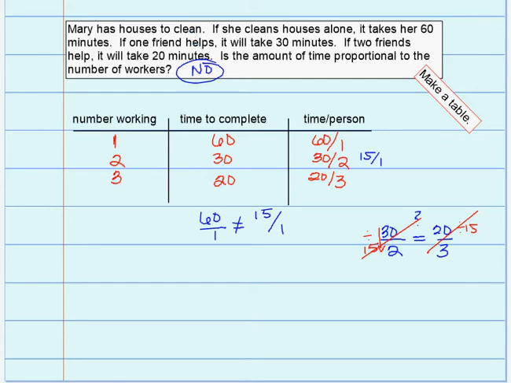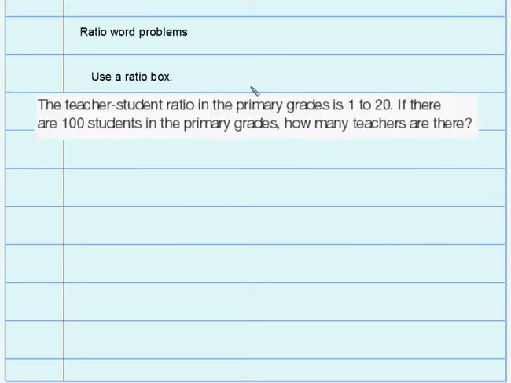Now for ratio word problems, you're going to use a ratio box, or that's one way to at least set up the correct numbers and correct labels in the right spot. So the teacher to student ratio, I'm going to stop there and write that down right away. Teacher to, the fraction bar, student.